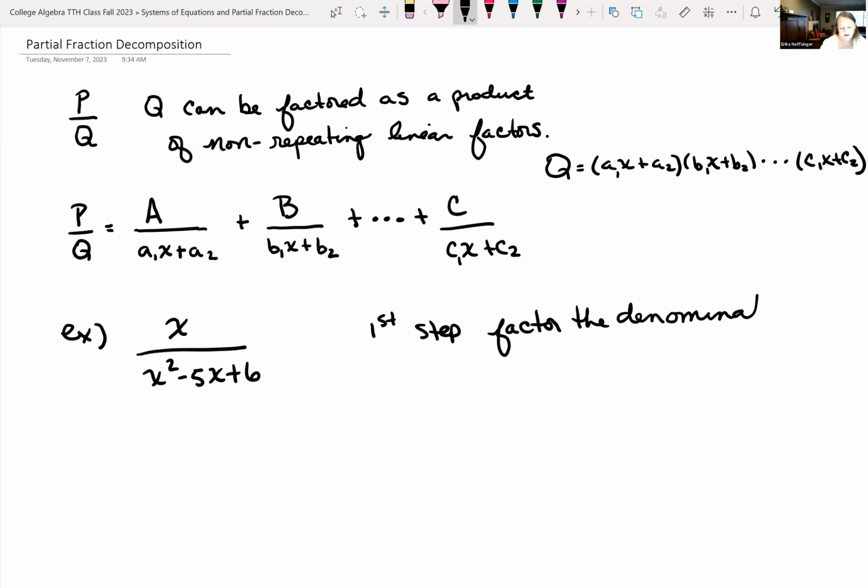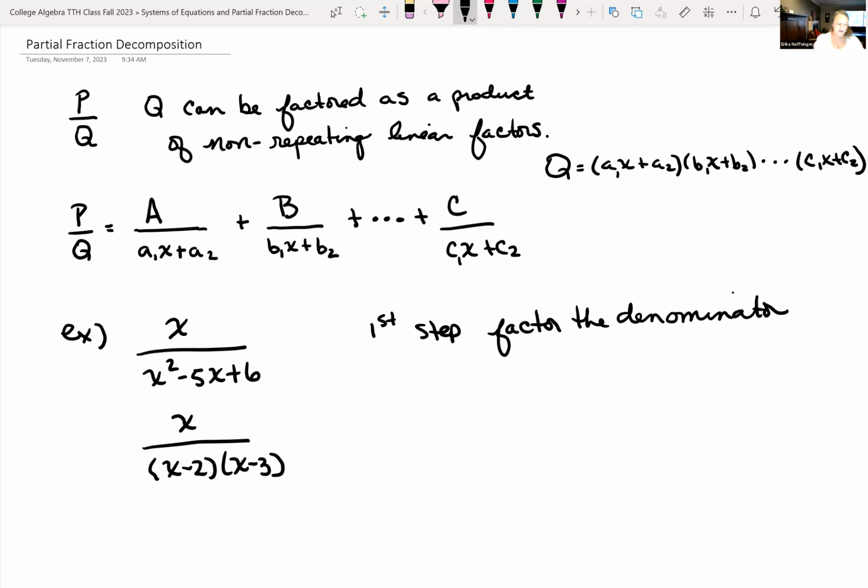If the degree of our numerator is the same or larger, we're going to actually want to do long division. In this case, it's not. So factoring, we have x all over x squared minus 5x plus 6, which can be factored as x minus 2 times x minus 3.